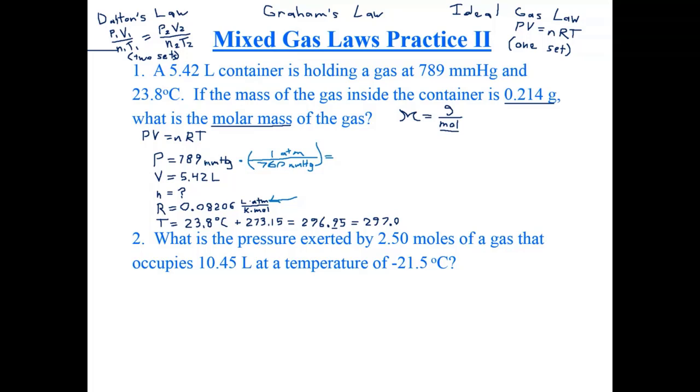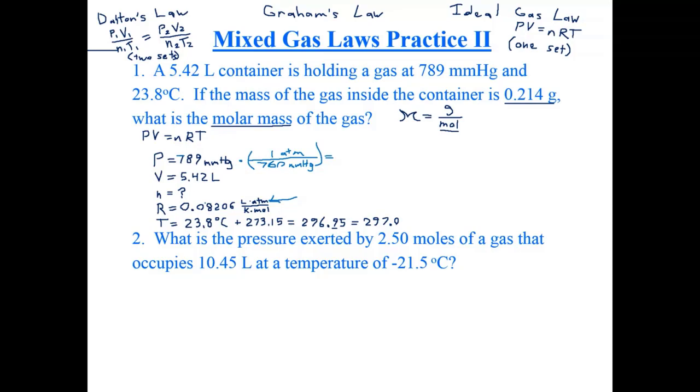That's why I said if I wanted to leave it as 789 millimeters of mercury, I could, but then I would have to use 62.4 millimeters of mercury liter per Kelvin mole for the R value. Whatever the pressure unit is for R, I have to use that same unit for the pressure.